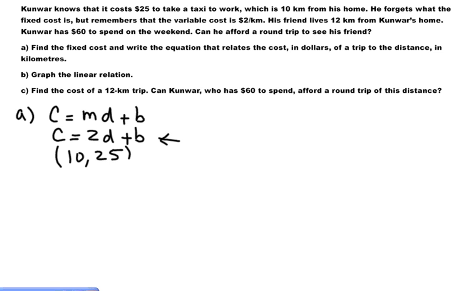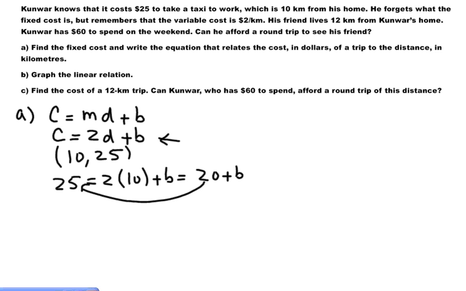So I'm going to substitute this point back in the equation to find b. We say 25, which is c, is equal to 2 times 10 plus b. 2 times 10 is 20, plus b. To solve this, I'm going to move 20 to the left, so b becomes 25 minus 20, which is 5.